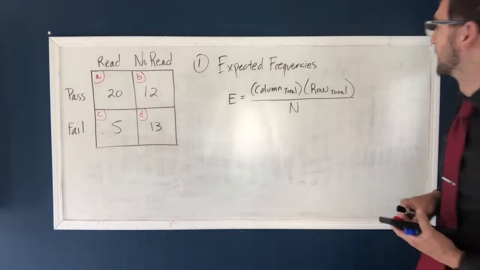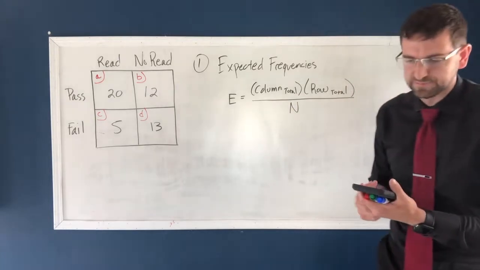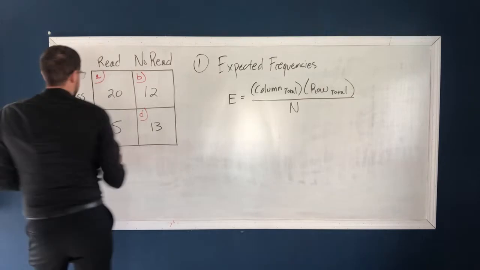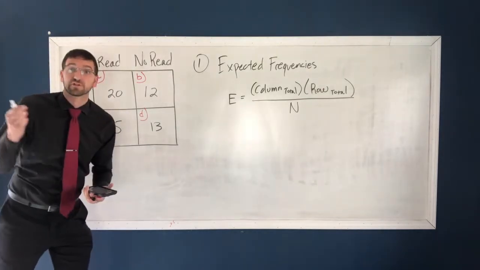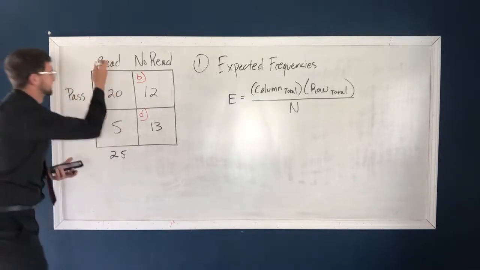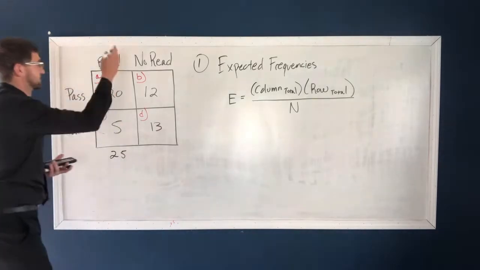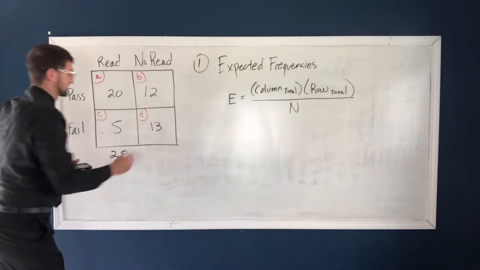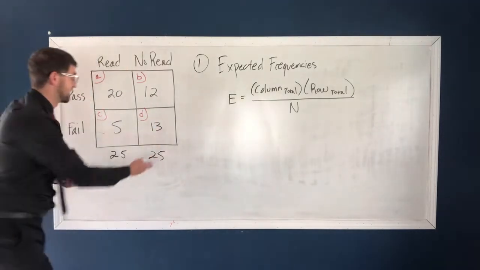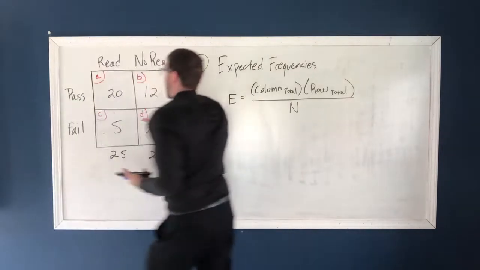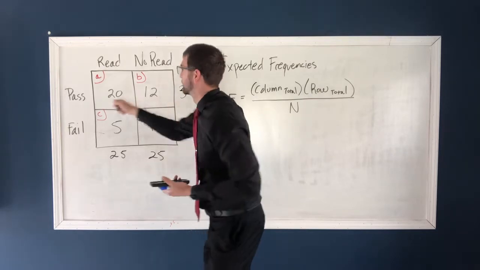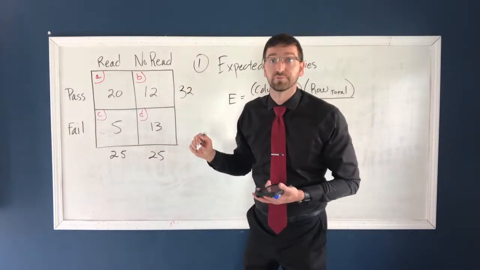Okay, cool. So what does it mean by column total? Well, what it means is you need to find the total for the columns. So 20 plus 5, you have a column total for read of 25. 12 plus 13, you have a column total for no read of 25. For pass, 20 plus 12, you have a row total for pass of 32.